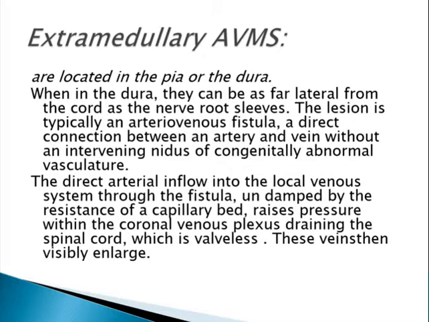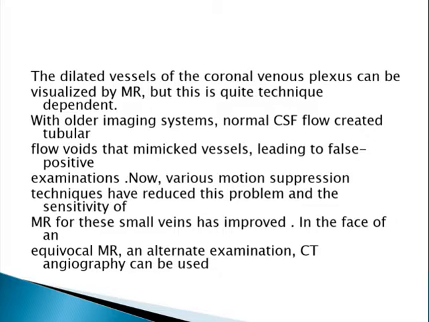The direct arterial inflow into the local venous system will lead to what we call arterialization of the veins, because the veins are low pressure and valveless, so these veins will change into some sort of an artery. They will dilate, the blood in them will be pulsating, and they will enlarge and be much more visible.